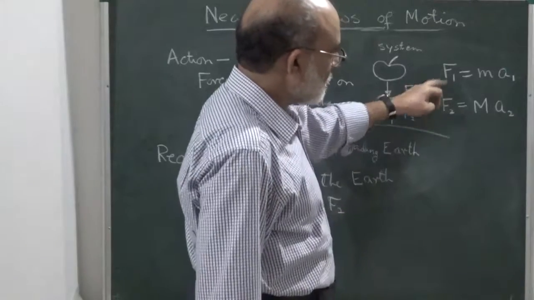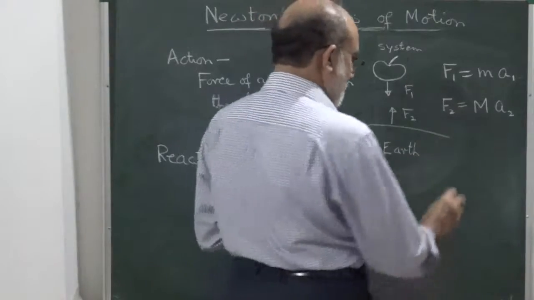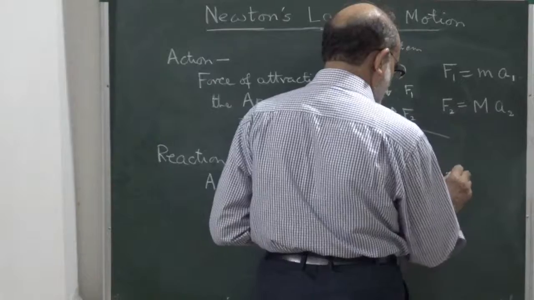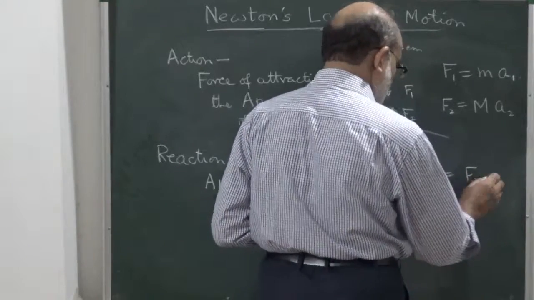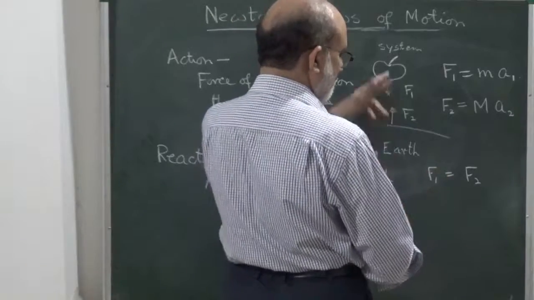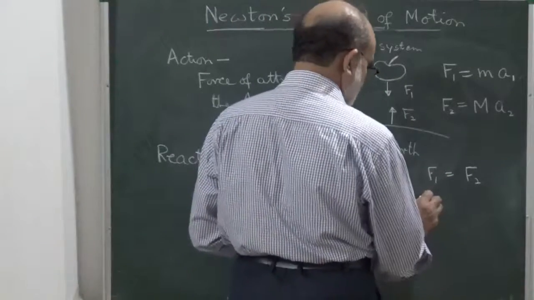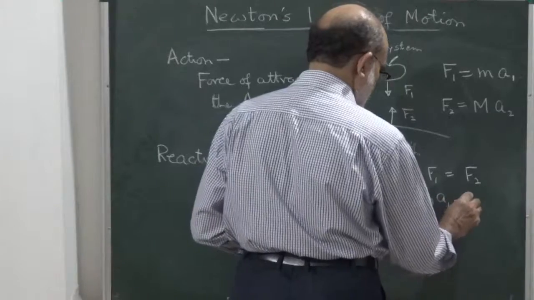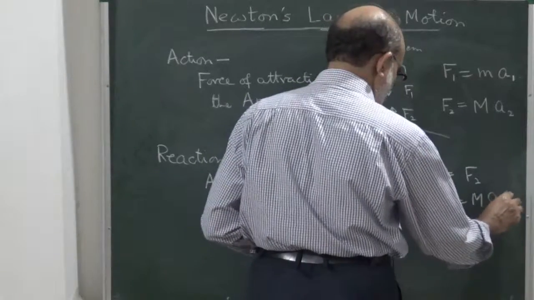But these two forces must be the same. So here F1 will be F2 according to Newton's laws of motion. These two are equal and opposite, which means MA1 is equal to ma2.